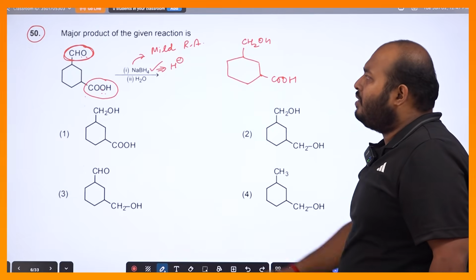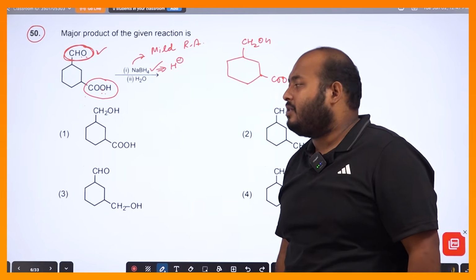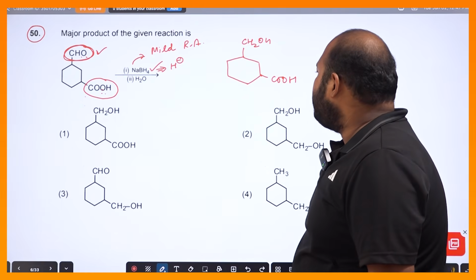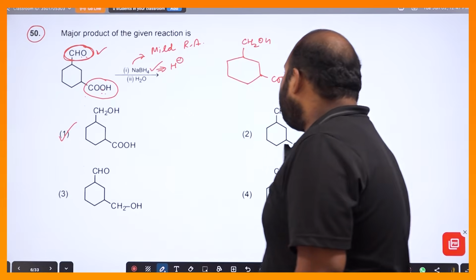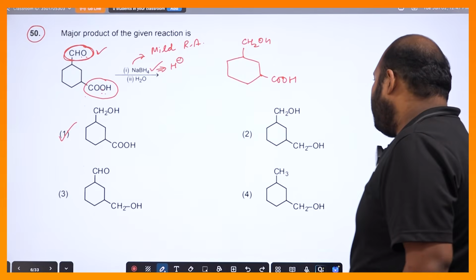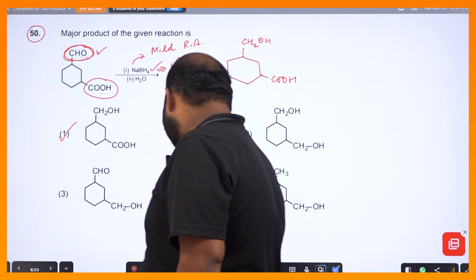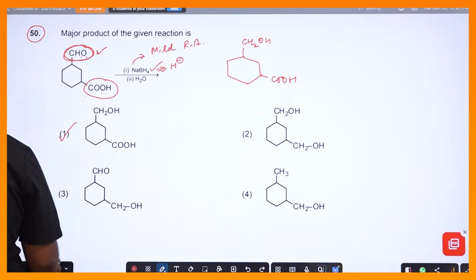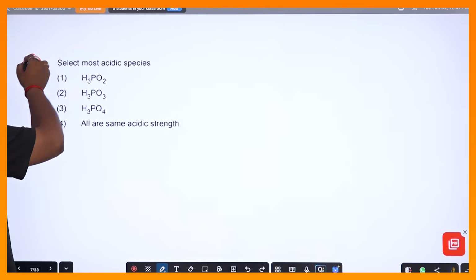But in this case, only the aldehyde portion is reduced, not the carboxylic acid. Remember this part. So the correct option will be option number 1. Okay, so next we move to question number 51.